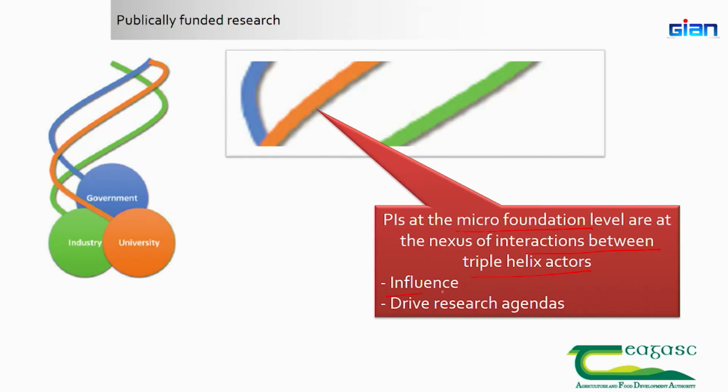Other one, PIs at the micro foundation level are the nexus of interaction between triple helix actors that influence and drive the research agenda. Now it's a quadruple helix model, and the fourth element is also added into it, but I don't want to go too deep into the philosophy of research and the science. There are a number of different journals which only focus on these types of things.